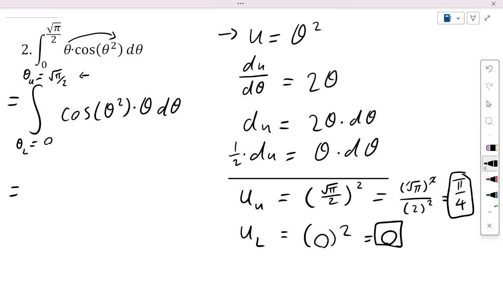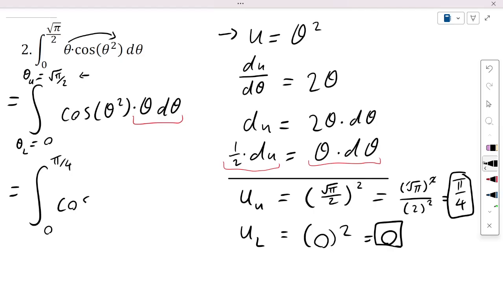Okay, so now we have the integral from 0 to pi over 4, our new lower and upper limits. Now what do we note over here? Let's go back to our original one. Theta multiplied by d theta is equal to a half du. So we substitute for that.